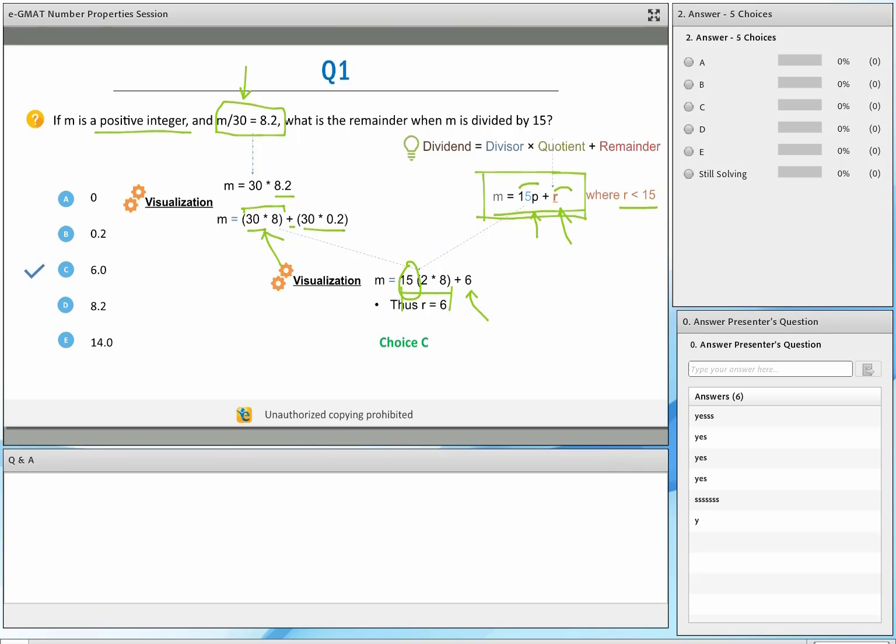All right, so click on still solving, please, and no calculations, please, minimal calculations. All right, sounds good.